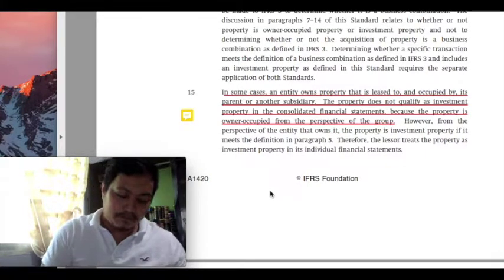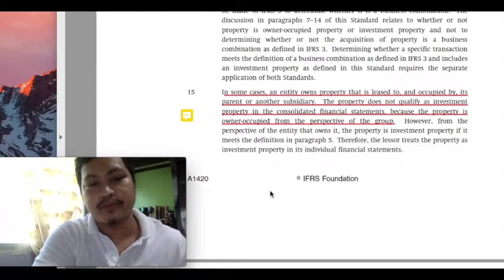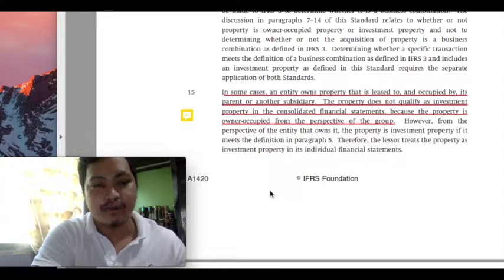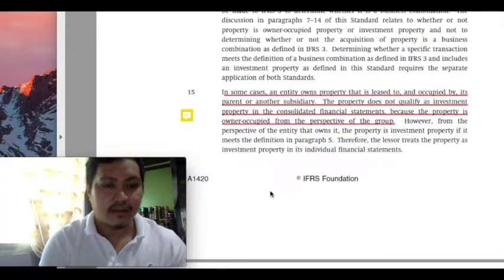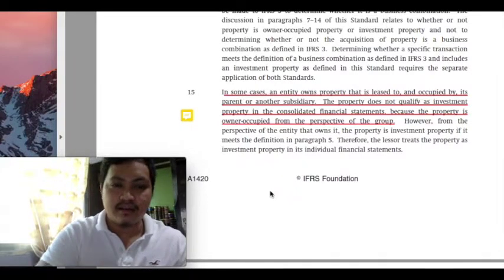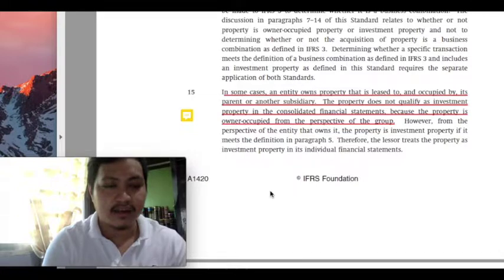No issue as to why it is classified as an investment property by company A, because it is being held for rental. The issue now, class, is what will happen if company A is the parent of company B. What will happen if there is a parent-subsidiary relationship between company A and company B?